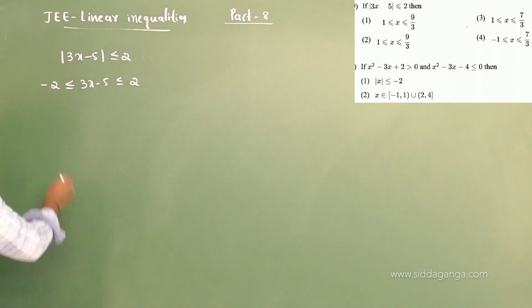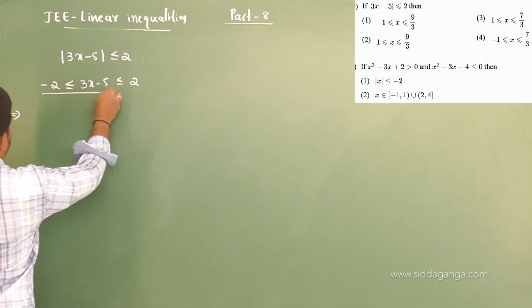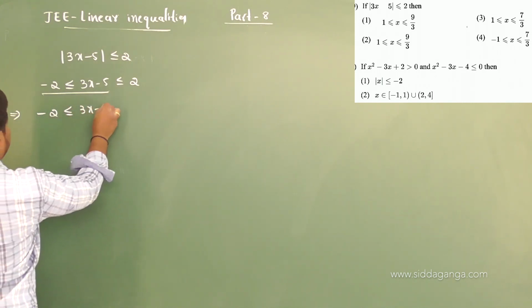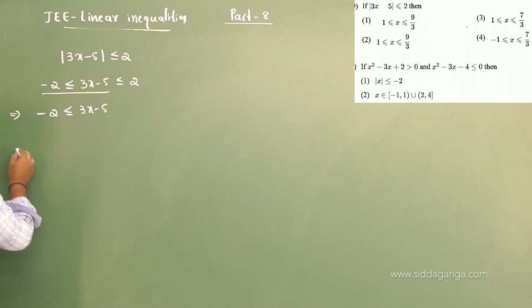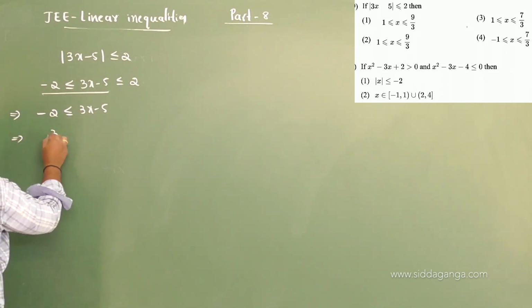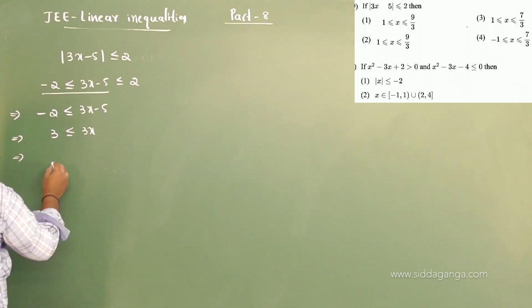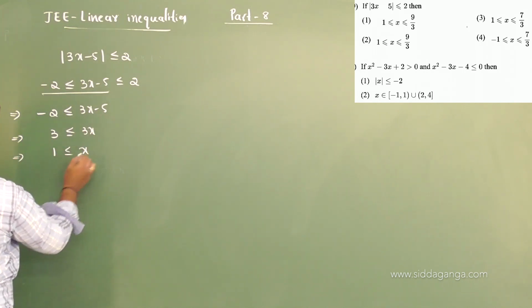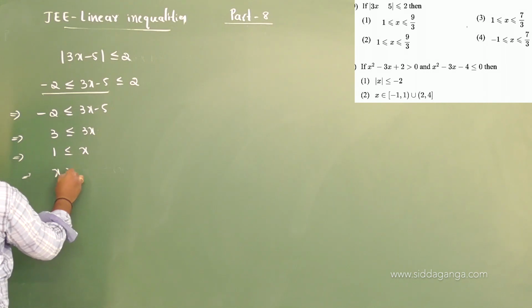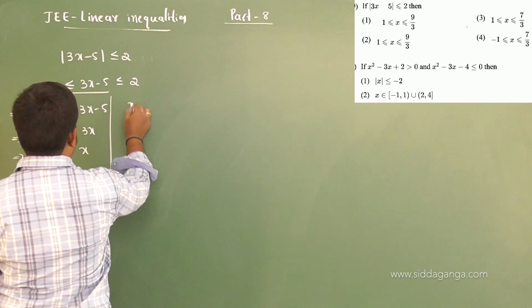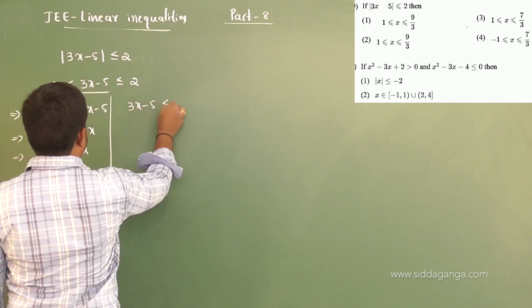Okay, now let me solve these two. Minus 2 less than or equal to 3x minus 5. Adding plus 5 on both sides, you get 3x, dividing by 3 you get x is greater than or equal to 1. Second one, 3x minus 5 less than or equal to 2.